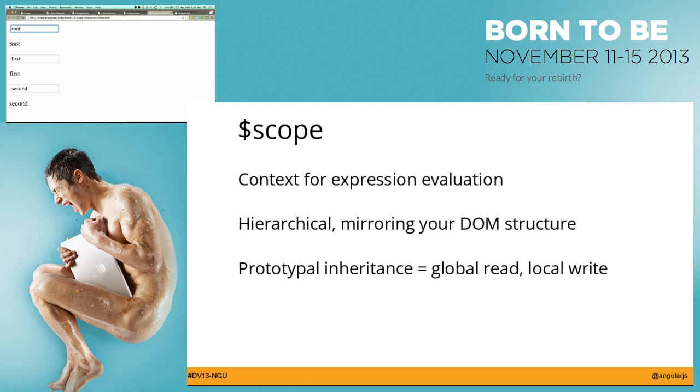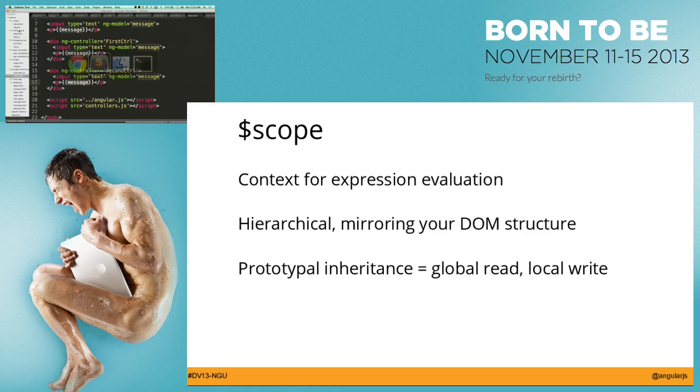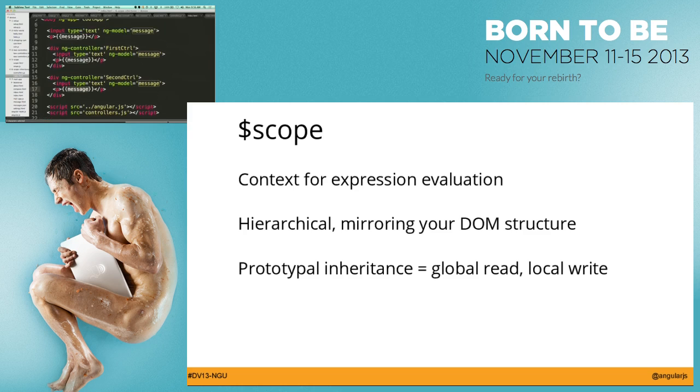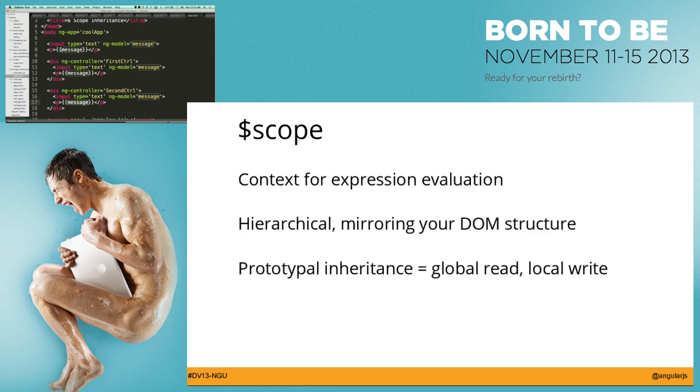The way you would avoid this in using scope is if instead of actually modifying a property directly, you bind instead to a property of an object. So you would say something like text.message instead of message itself.